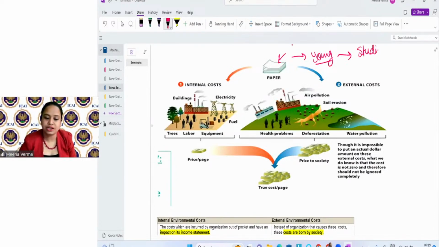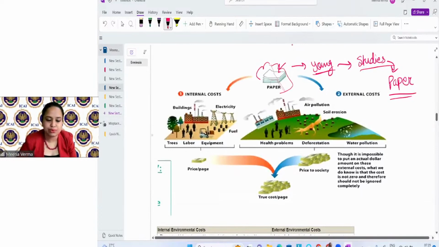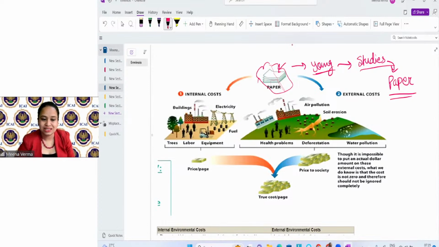And if you want to study, you have to use the papers. We need registers, we need books to study. We need all these things. So we need papers. And can you imagine how they prepare the papers? By cutting the trees? So if we cut the trees, can you imagine the level of pollution we are doing?